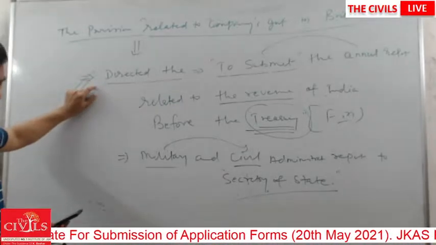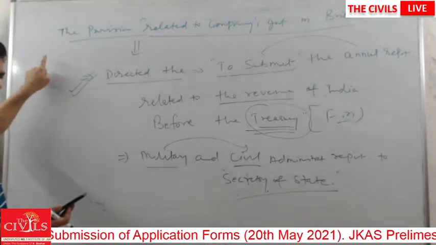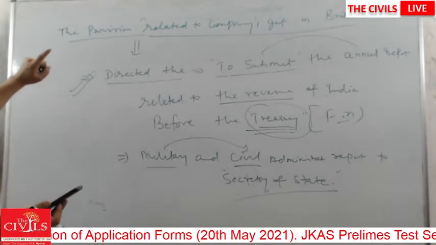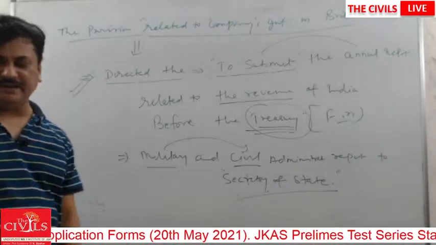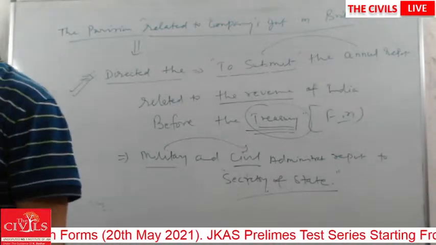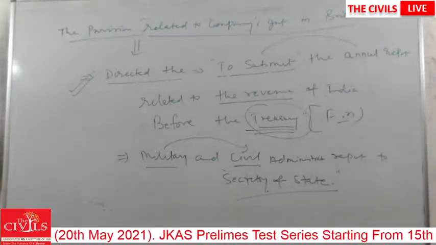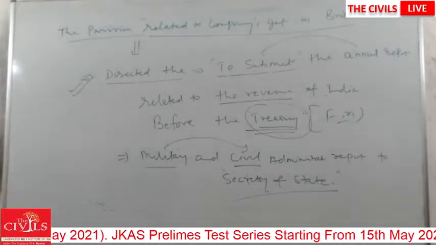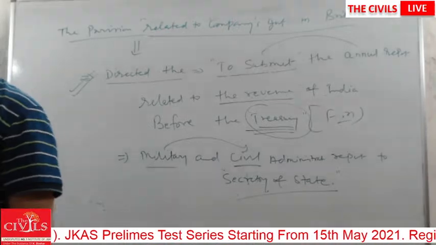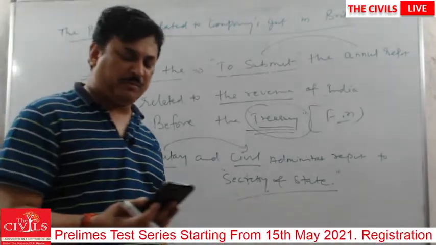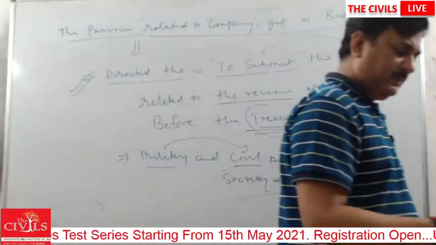The second provision, the first was related to the Court of Directors and the Court of Proprietors. Okay, this part was clear or not? The first provision was related to the Court of Proprietors and Directors.